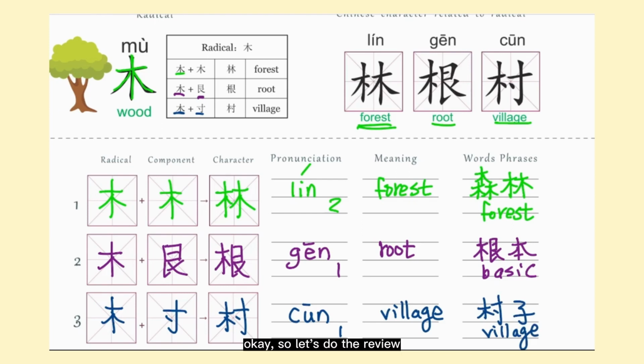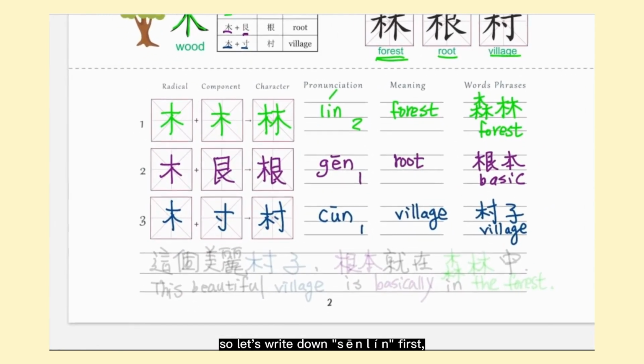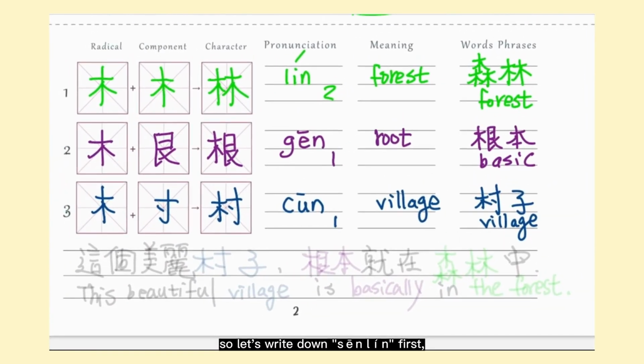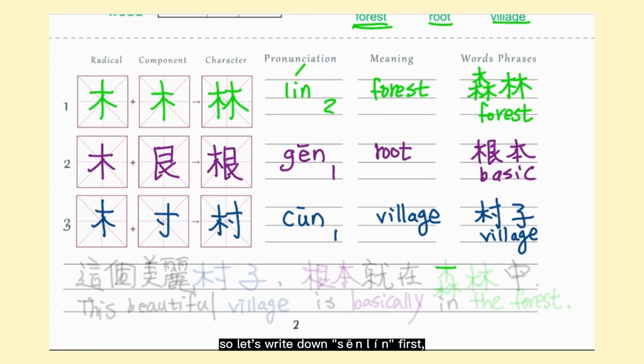Okay, so let's do the review. 森林根本村子. So let's write down 森林 first. And then we can write down 根本. And we have 村子.